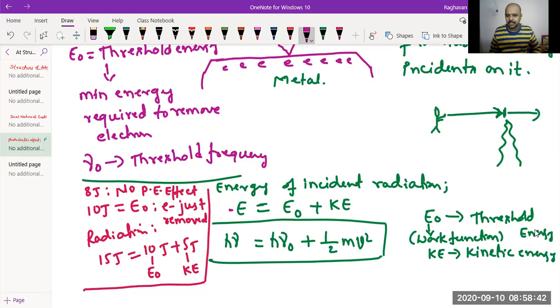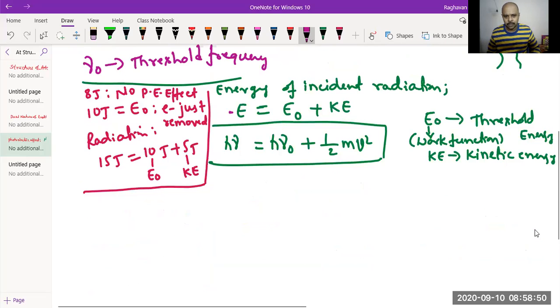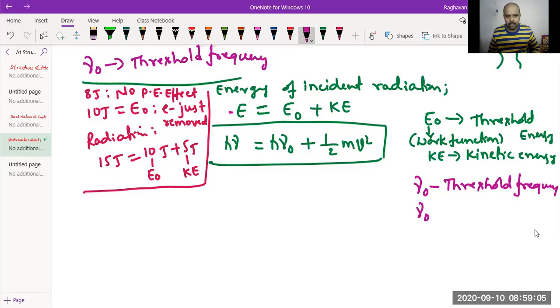Expression for kinetic energy of a particle is given by half m v square, where m is the mass of the electron, v is the velocity of the electron. Okay, let me write that. So here nu is frequency. This nu naught is threshold frequency. When I say this, simply nu is the incident frequency.